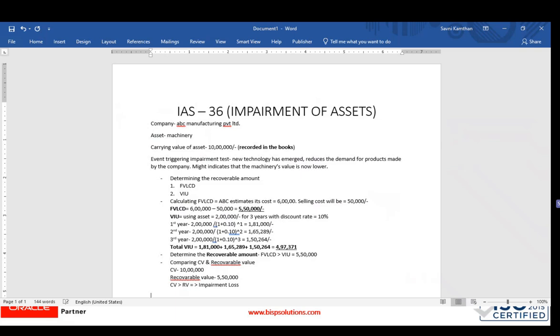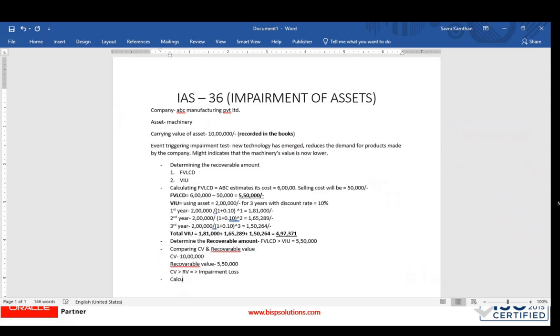So if we want to calculate and record impairment losses, for that we have to calculate CV minus RV, which we have calculated above.